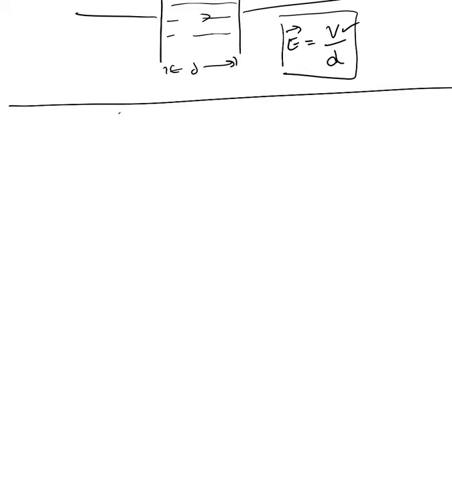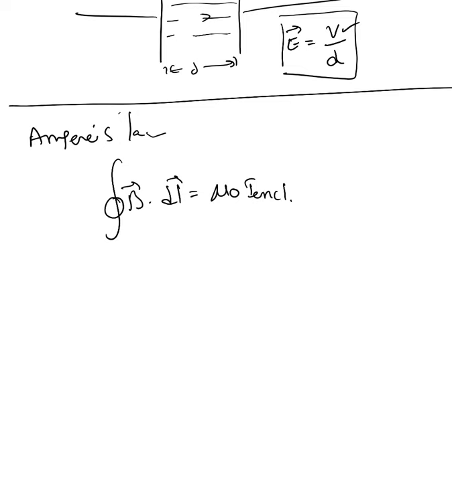Now, what is Ampere's law? Ampere's law is nothing but the closed integral of B dot dl equal to mu naught times I enclosed. So it gives the magnetic field produced by a current carrying conductor around a closed path, a closed length.